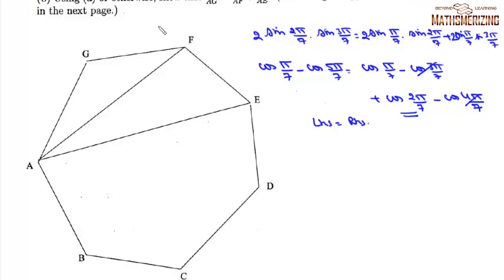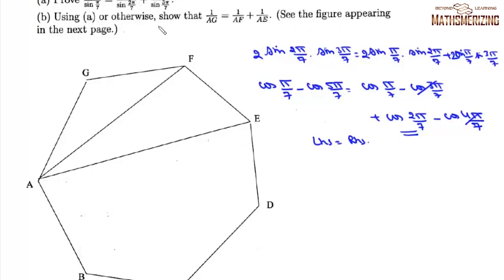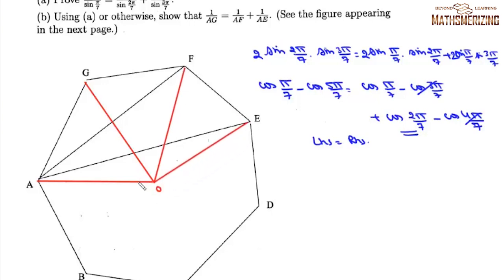Now using this or otherwise, show that 1/AG equals 1/AF plus 1/AE. Now suppose this center is at O and we complete this triangle, and we complete these triangles. Now this angle is 2π/7 and suppose this is radius r.